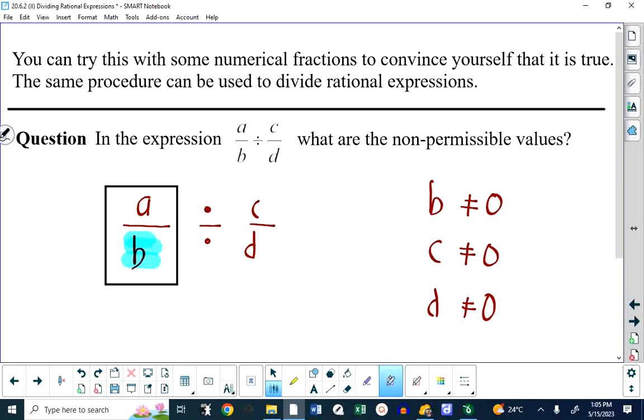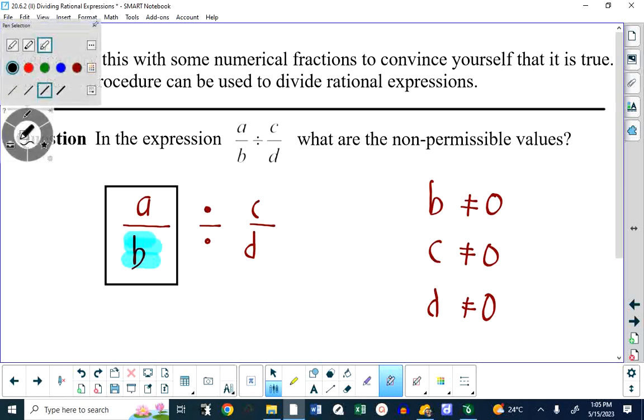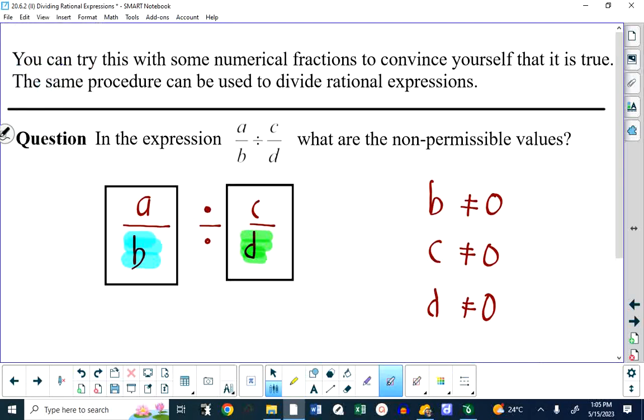By the same reasoning, I hope you can understand that D is not allowed to be 0 because if D were 0, this fraction is not defined. In other words, both B and D are denominators, and denominators can't be 0.